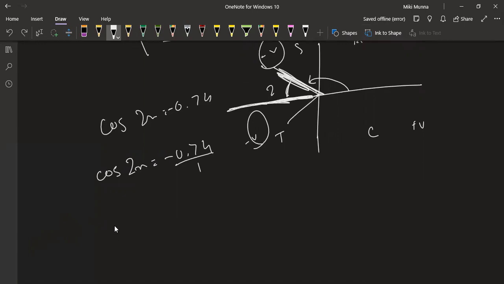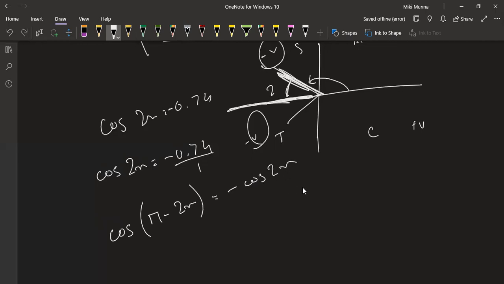So this is cos pi minus twice x, which is equal to negative cos twice x, okay?